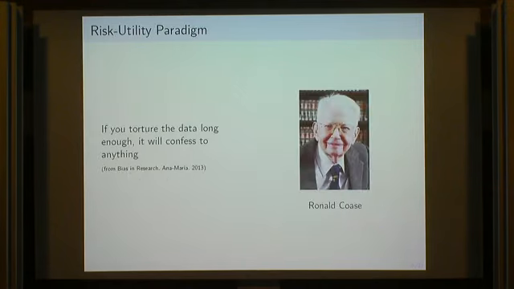Now, we can just remember this quote here. There are several versions from Ronald Coase, but we don't know exactly which one is the correct. I took this from here, bias in research, by Anna, published in 2013. So if you torture the data long enough, it will confess to anything.